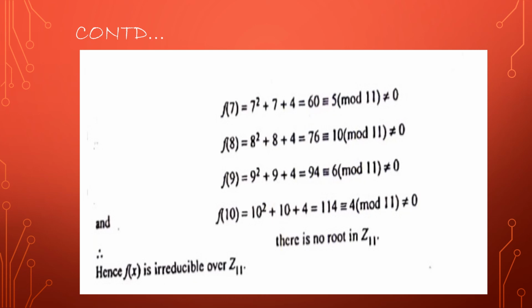Before getting to the end of the PPT, a recap of what is a reducible polynomial and what is an irreducible polynomial. A polynomial which can be split as a product of two polynomials, we call a reducible polynomial.